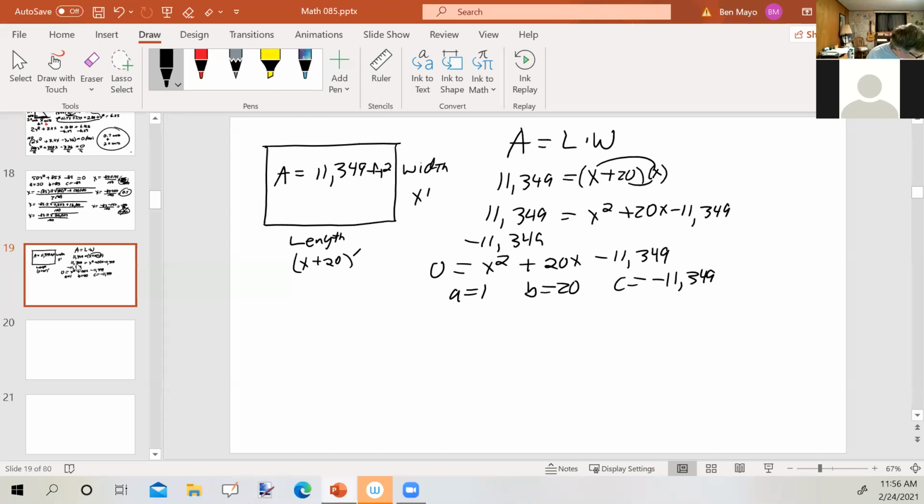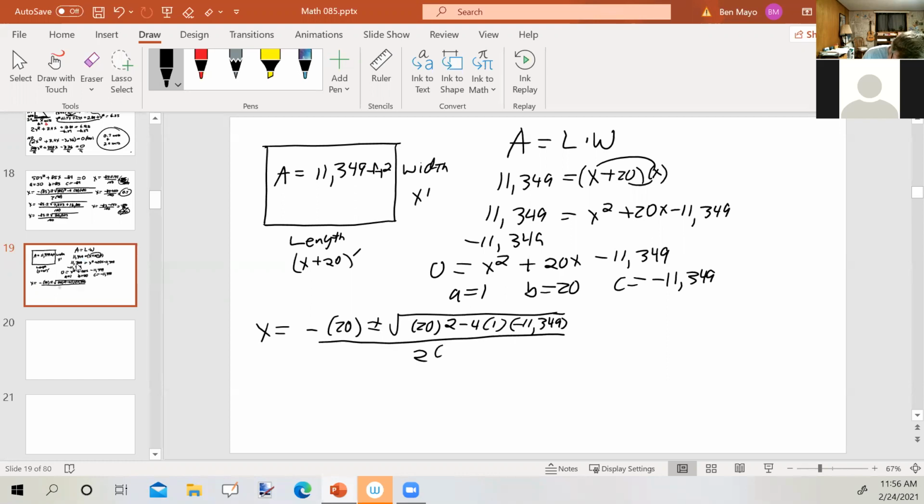Again, this one didn't say anything about rounding off, so I guess it's going to come out nice numbers. X is negative b plus or minus the square root of b squared minus 4ac all over 2a.